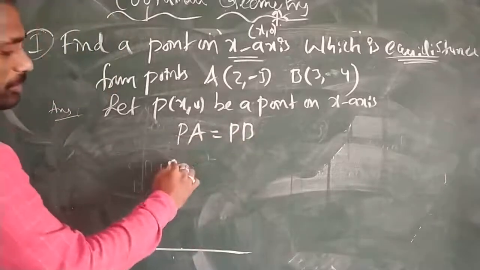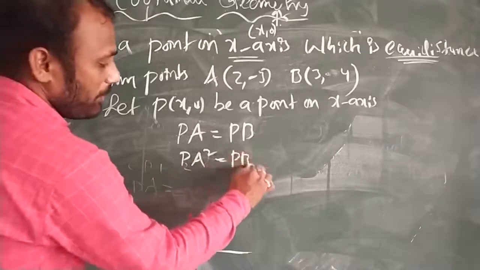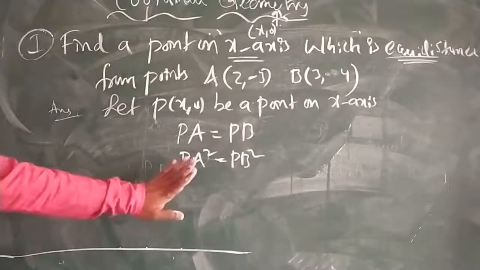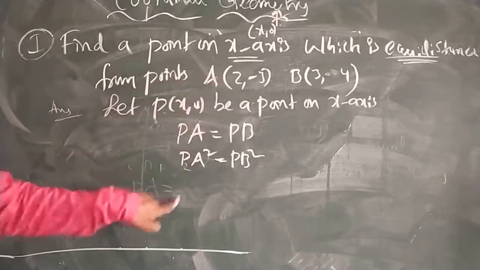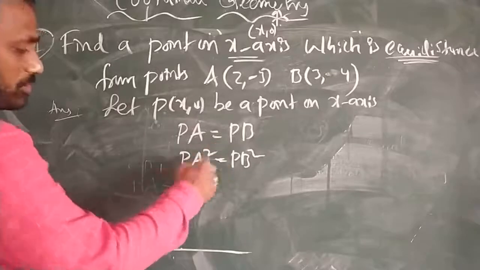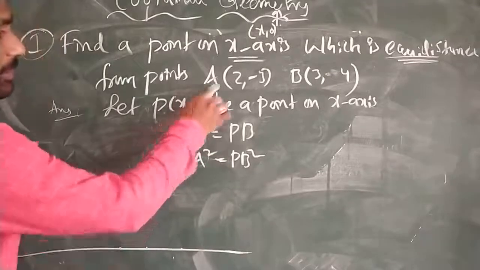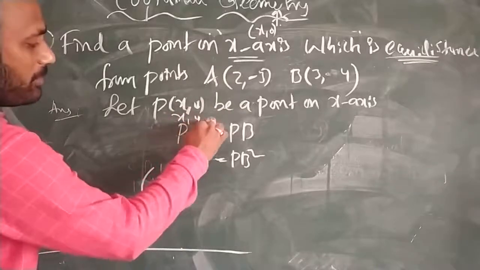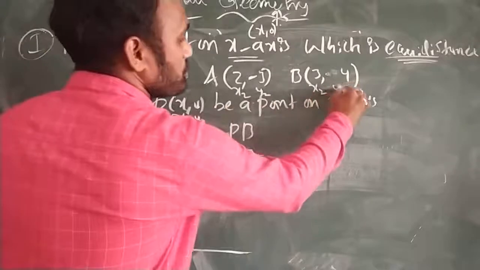If I square both sides, it becomes PA squared equals PB squared. Why am I squaring both sides? Because the distance formula between two points has a square root, so the square and root get cancelled and the formula will be left like this.